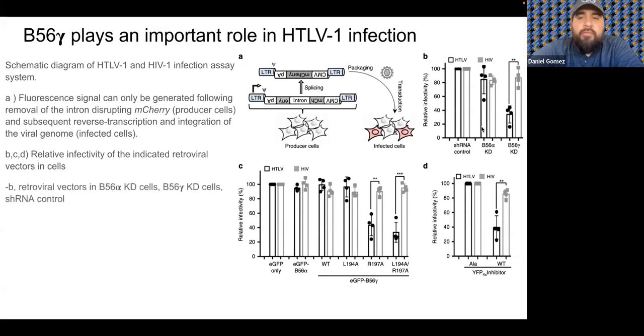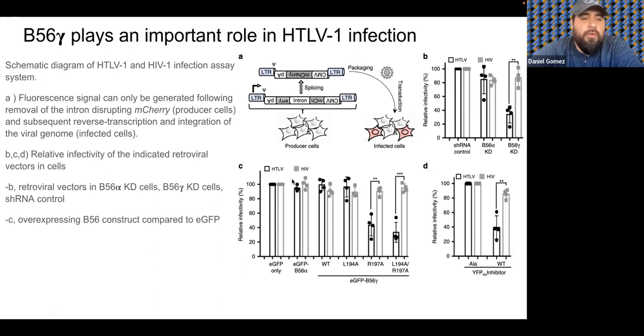Here in B, we have the B56 alpha knockdown. We don't see much change from the control, a little bit here, about 15%. And then in the HTLV-1 B56 gamma knockdown, we see a significant decrease of relative infectivity to about 20 to 40%. So this shows that B56 gamma is critical to infection.